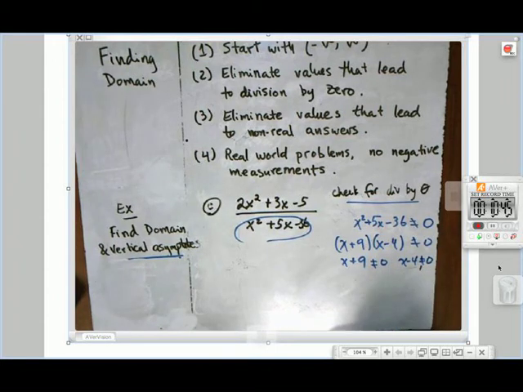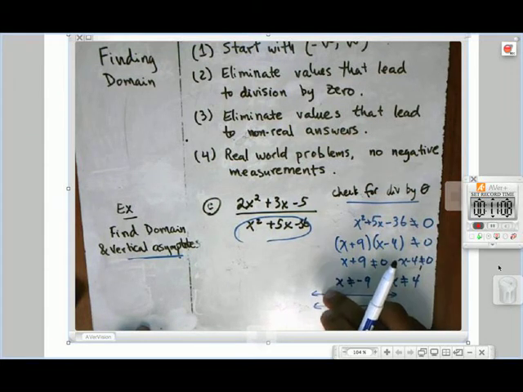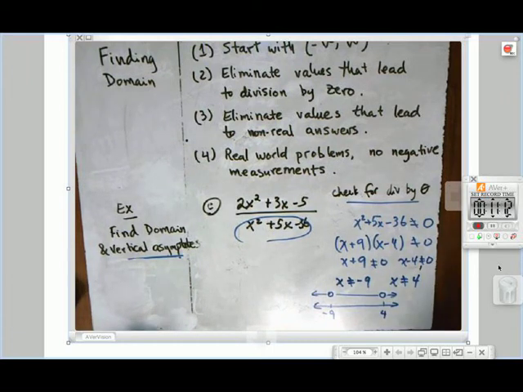And we get as our answer x cannot be equal to -9 and x cannot be equal to +4. And to help us write our final answer in interval notation, you have -9 here, you have 4 here. It can be anything along this line, but the one thing that it cannot be equal to is 4 or -9.